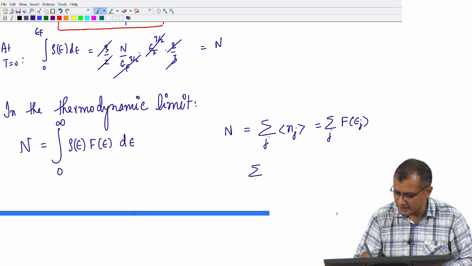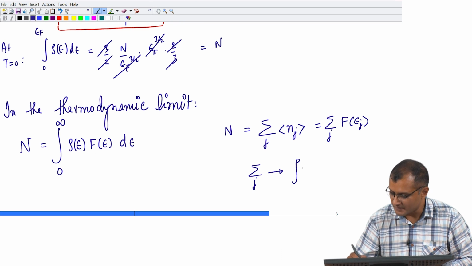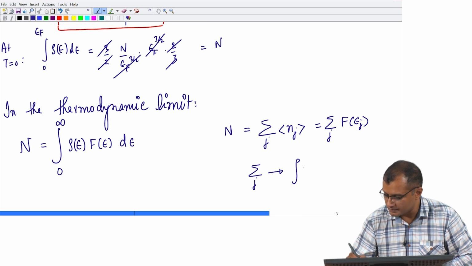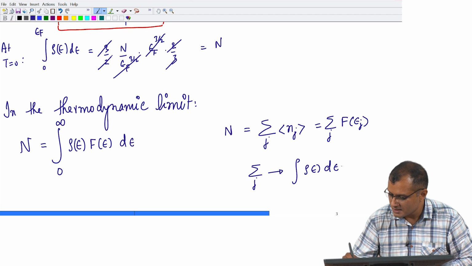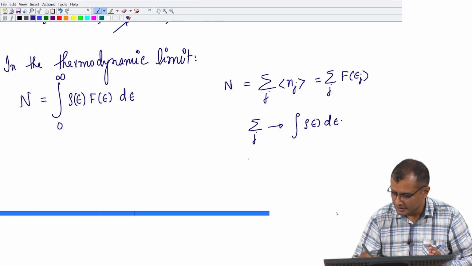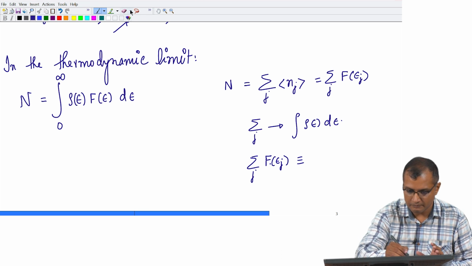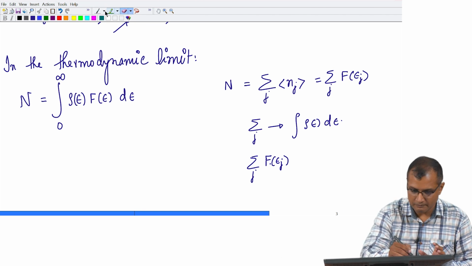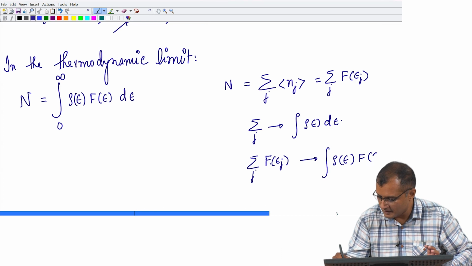So, my summation has basically become an integral over the density of states, and whatever function I wanted to compute, that is my summation over j of f(E_j), will simply become the integral of rho(E) f(E) dE.